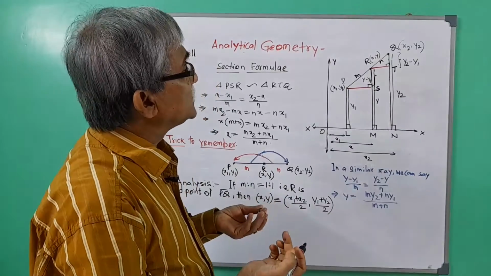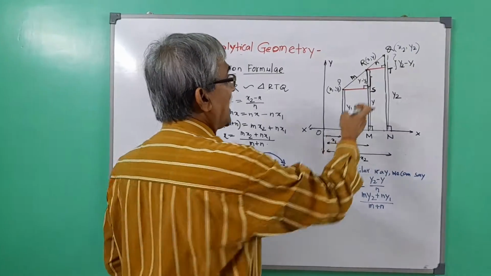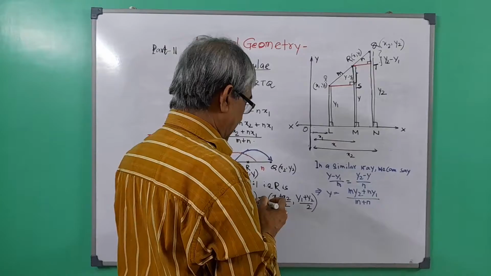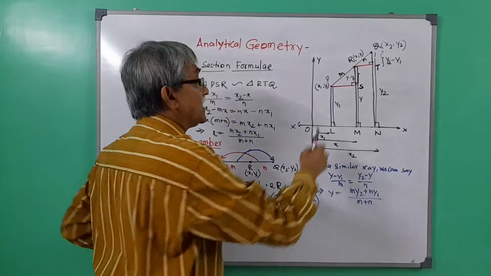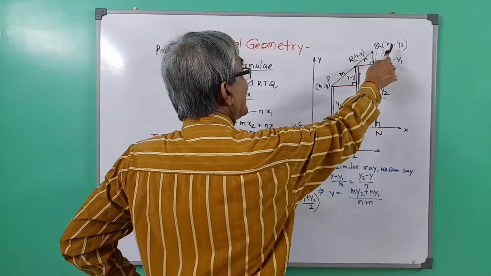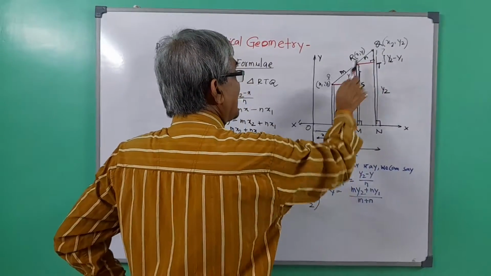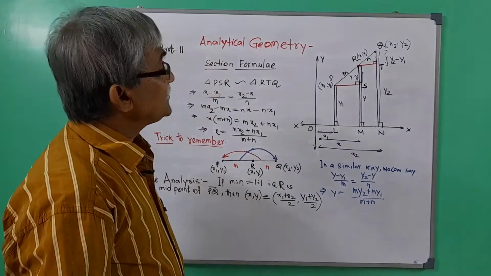Now what are we going to do? We are going to find out the coordinates of R, that is x and y, in terms of x1, y1 known to us, x2, y2 known to us, and the given ratio m and n.